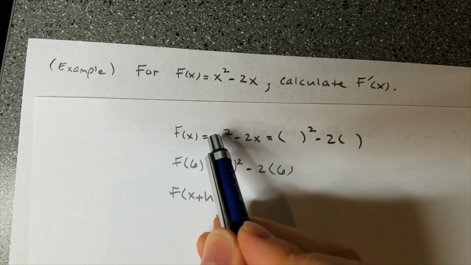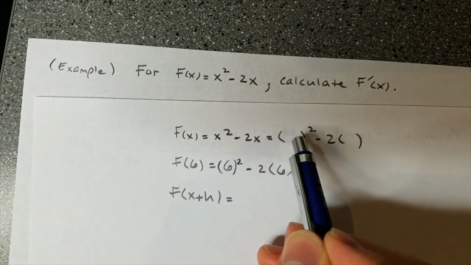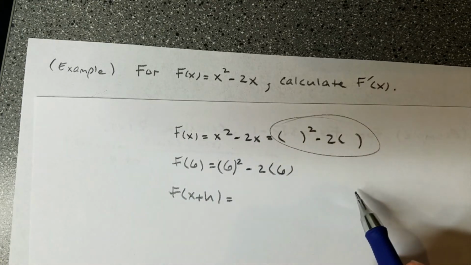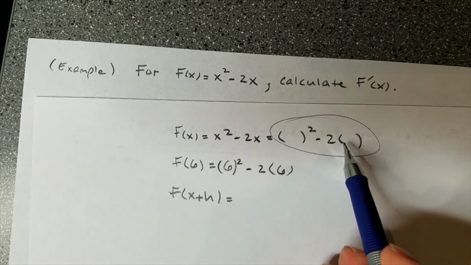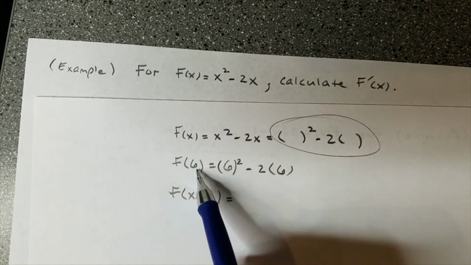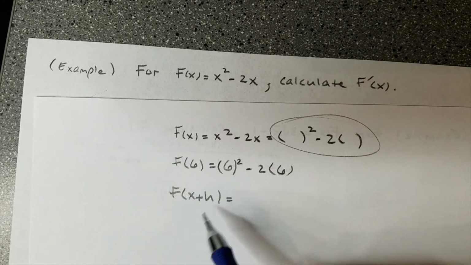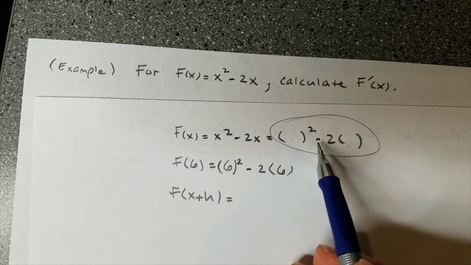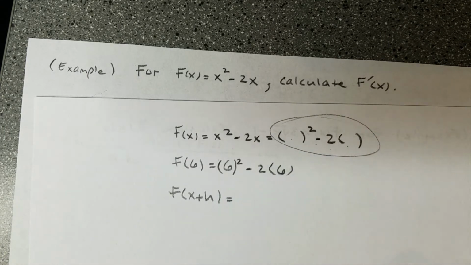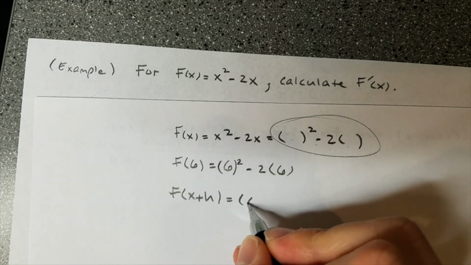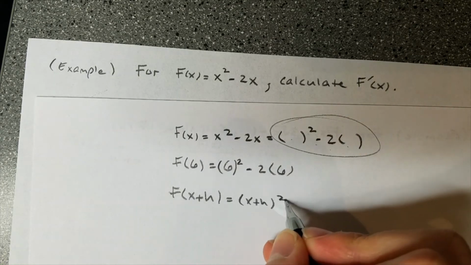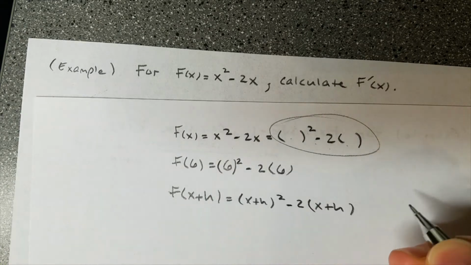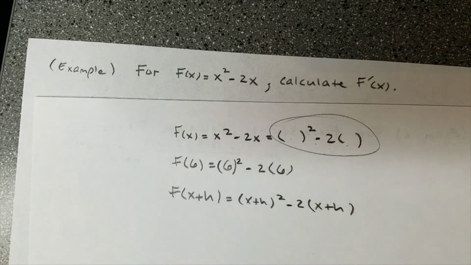You can think of the function as, I erase the x. That's where the input goes. Maybe try looking at it like that. Whatever you plug into the function, whether it be 6, a number, or x plus h, or anything, it goes here and it goes there. And you square it, you subtract, you multiply by 2. So it would be x plus h squared minus 2 times x plus h. That's what f of x plus h is.